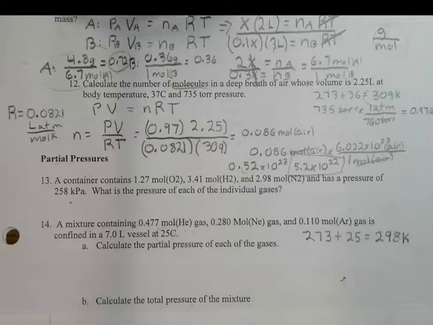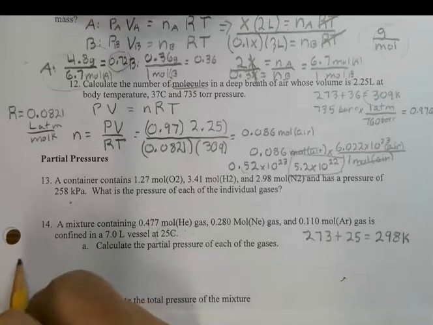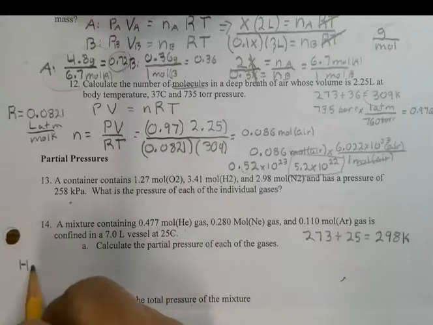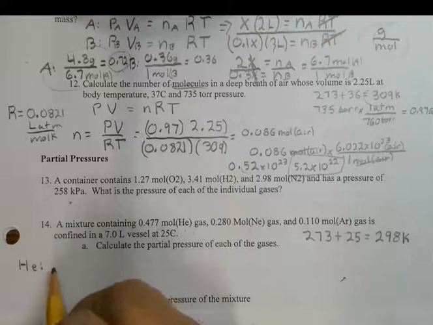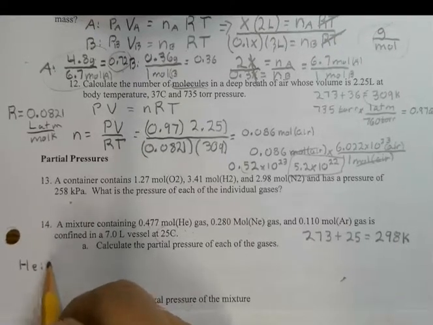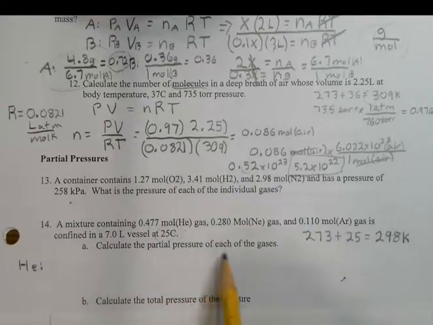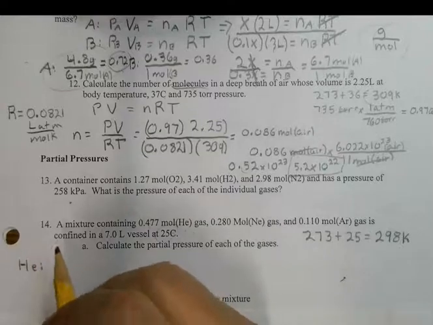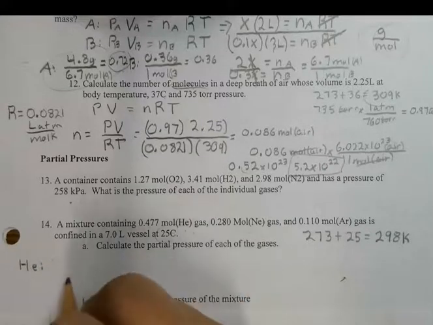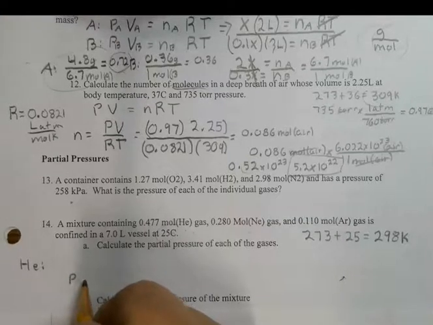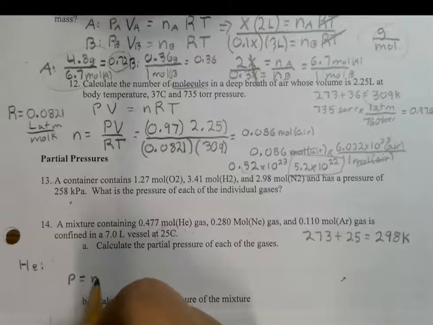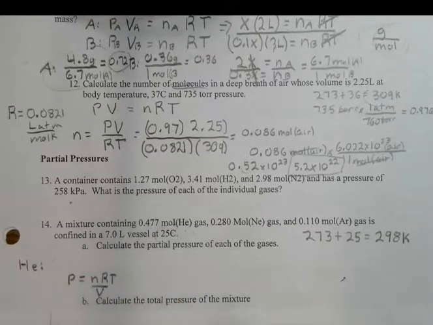All right, so now for helium, maybe we have enough room to do this here. We have PV. Let's first solve for the equation. We want pressure. So let's just do the general equation. It's PV equals nRT. If you solve for P, you end up with P equals nRT over V. So let's go ahead and just plug in the numbers that we have.